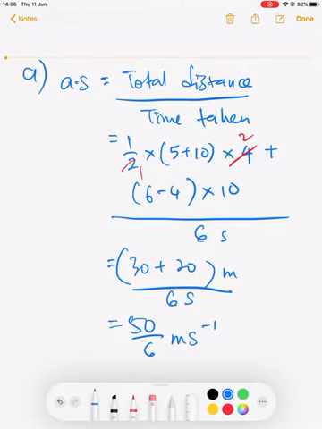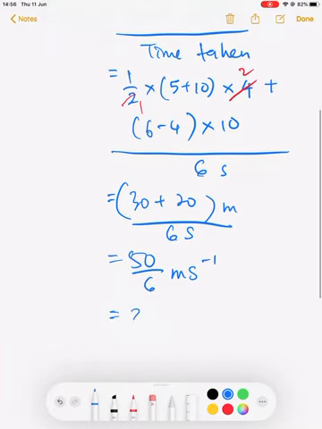So 50 over 6 equals 25 over 3. Simplify.